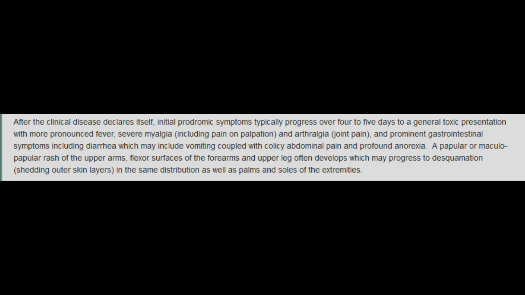A papular or maculopapular rash on the upper arms, flexor surfaces on the forearms and upper leg often develops, which may progress to desquamation, shedding outer skin layers, in the same distribution as well as palms and soles of the extremities. Terrible. Just awful.